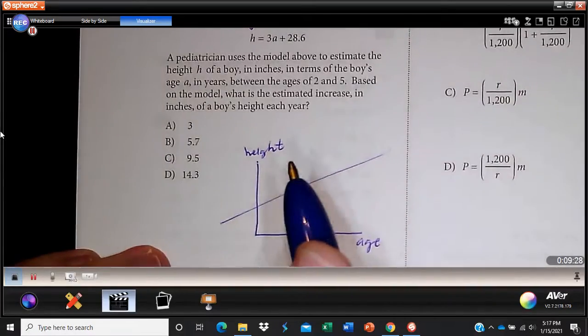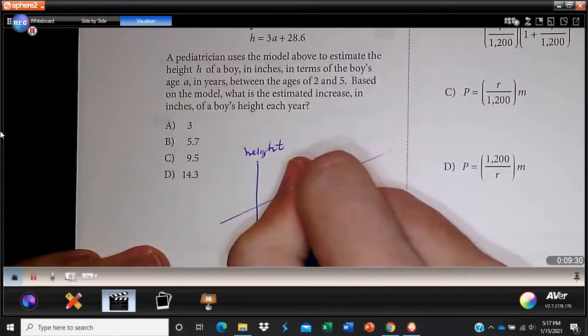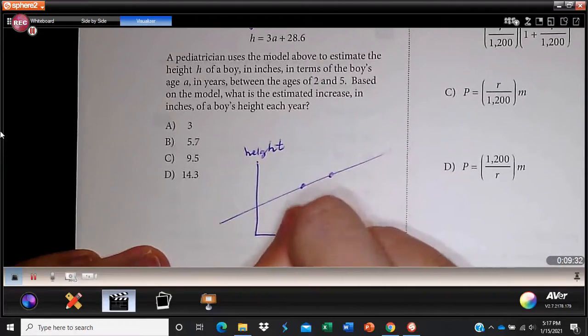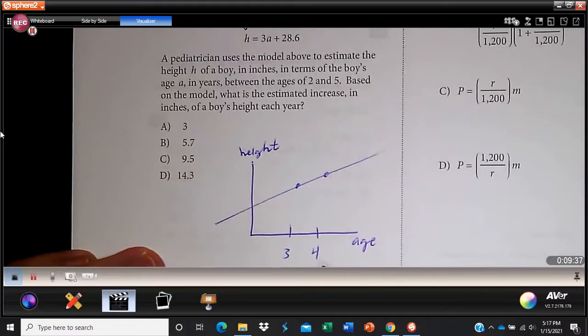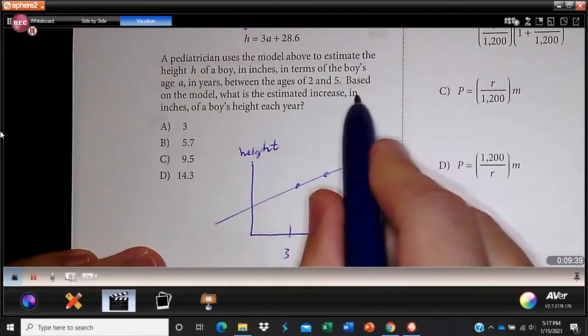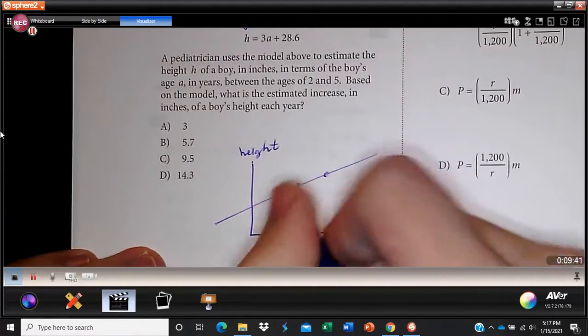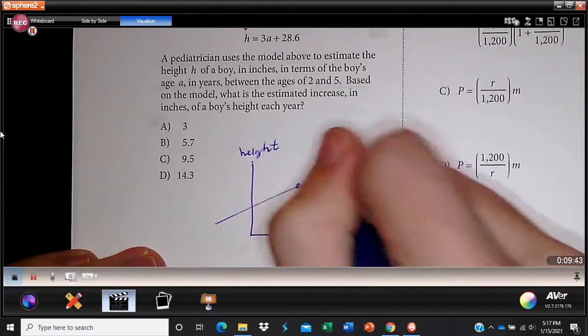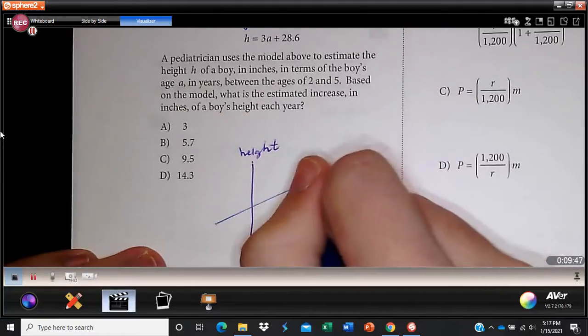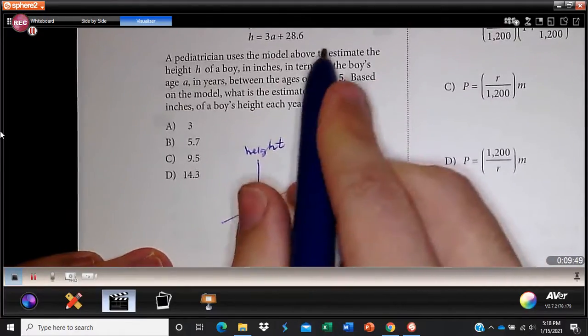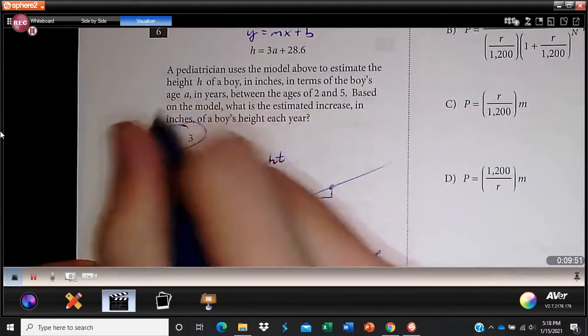I don't really care what kind. But if I look at the age, let's say age 3 and age 4 or something, then I can see what the estimated increase, the year change is going to be. So looking at it this way, it should become obvious that this is really slope. So the slope is 3, so the answer is going to be A.